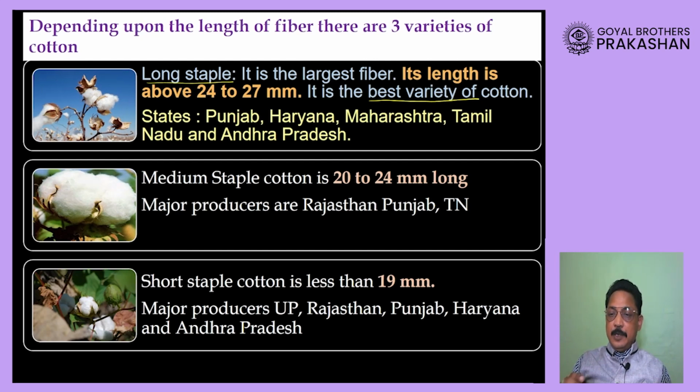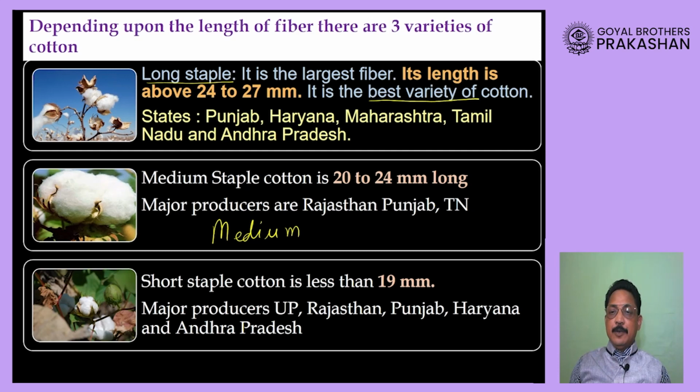Now, if the length of the cotton fiber is from 20 to 24 millimeter, that means 2 centimeter to 2.4 centimeter, we call that medium staple cotton, and it is the second best variety of cotton.